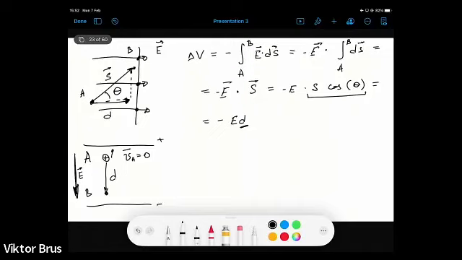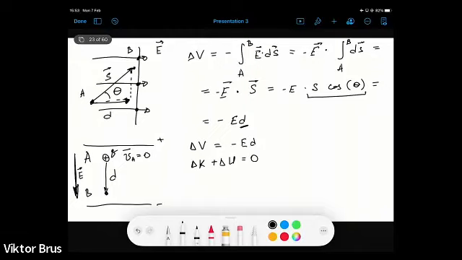Let's call it charge Q. So we know that potential difference will be given as minus E times D. And we also know that there should be some conservation of energy, meaning that change in kinetic energy plus change in potential energy should be equal to 0.